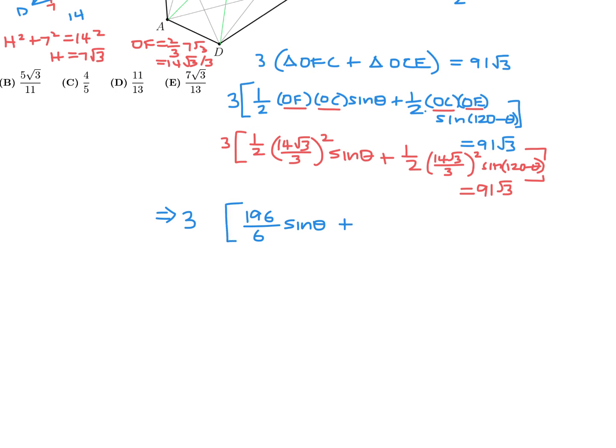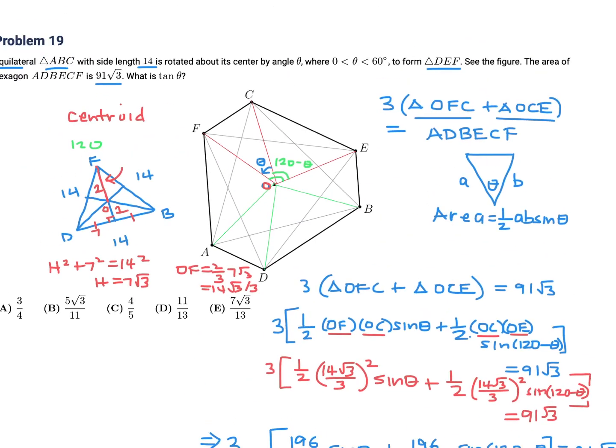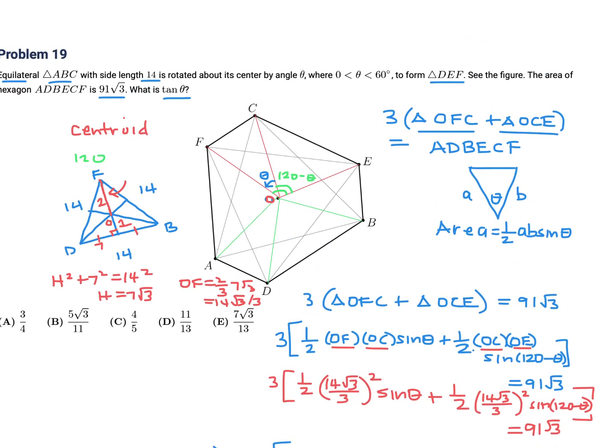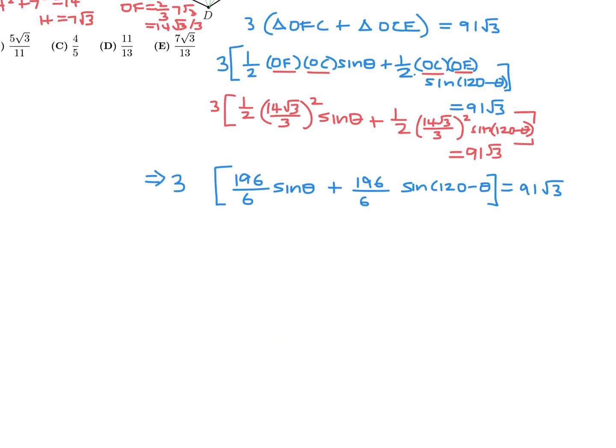And this one is also 196 over 6, but it's sine of 120 minus theta. And that's all 91 root 3. All right. Let me just remind myself, what am I trying to figure out? Oh, eventually we have to figure out tan of theta. So we're essentially just trying to chase the angle here.